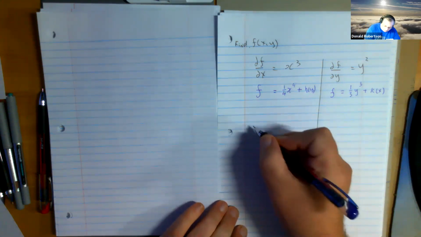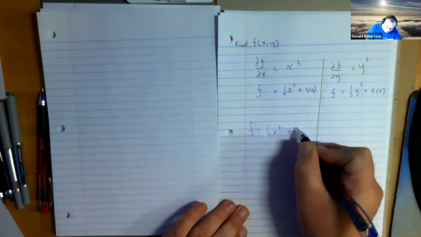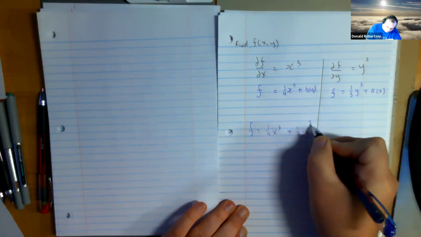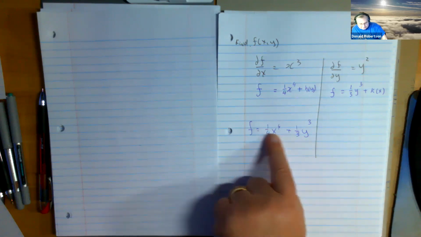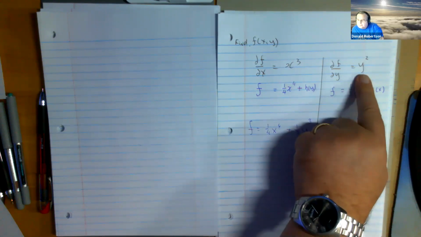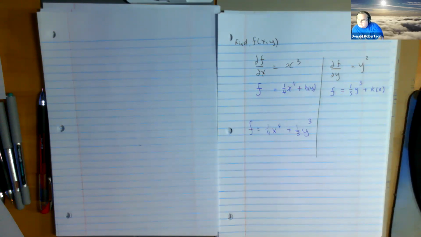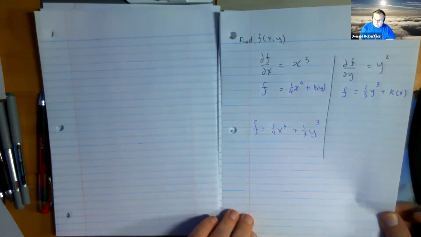And if I did that, would you agree that the function f has two distinct pieces? And as a check, couldn't I differentiate this with respect to x and prove you got that? And then differentiate it with respect to y and prove you got that? So far, so good.